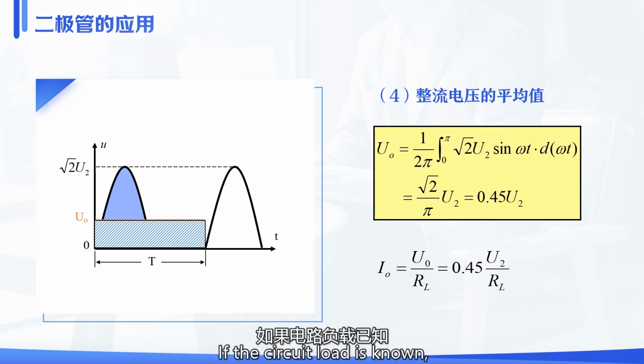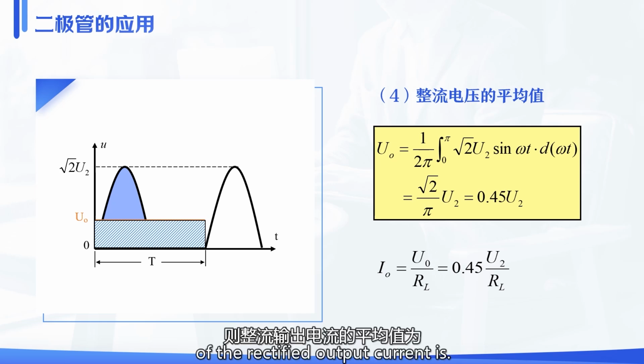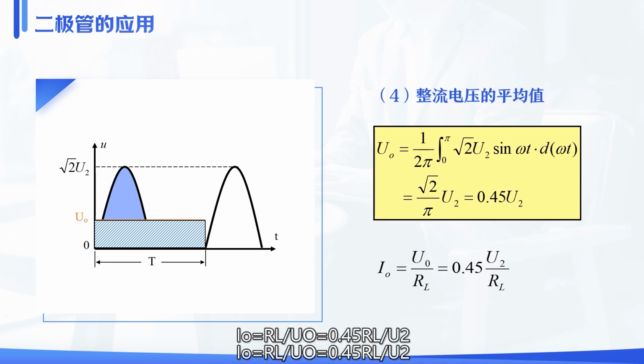If the circuit load is known, then the average value of the rectified output current is I0 equals U0 over RL equals 0.45 U2 over RL.